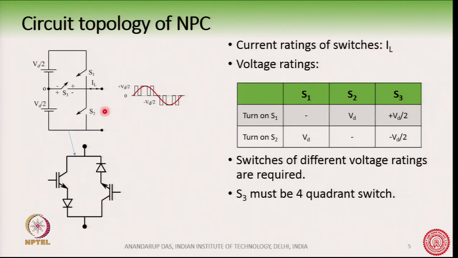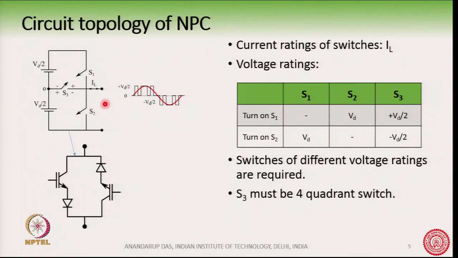The current rating of course should be equal to the load current, or the current which is flowing through this terminal. So, all the switches must be carrying at least this amount of current. What about the voltage rating of these switches? How do I know the voltage rating of the switch?